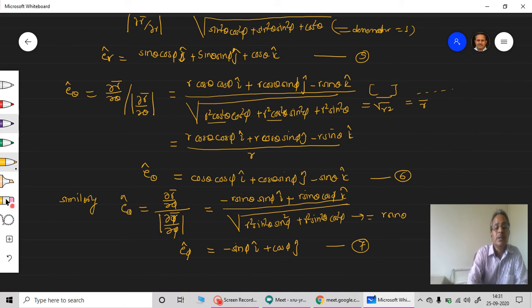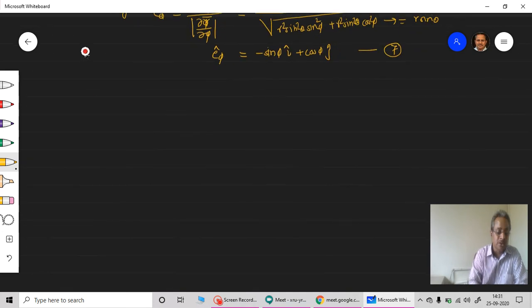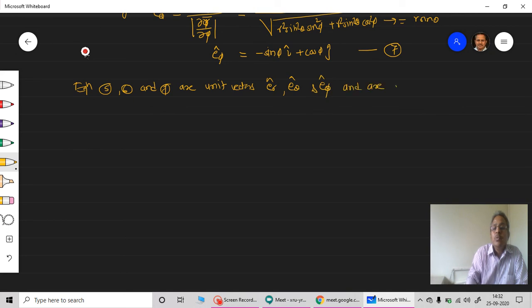Thus we can write here in short, equations 5, 6 and 7 are unit vectors er cap, e theta cap and e phi cap, and are mutually perpendicular to each other.